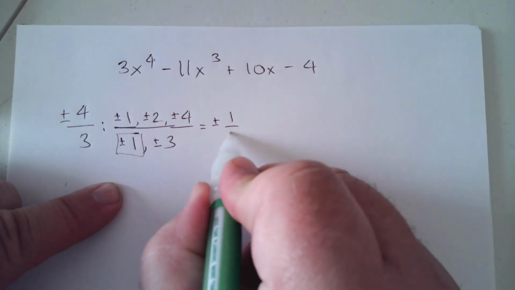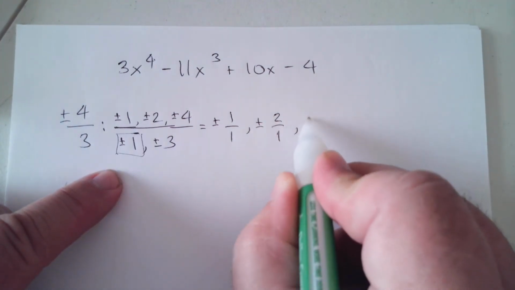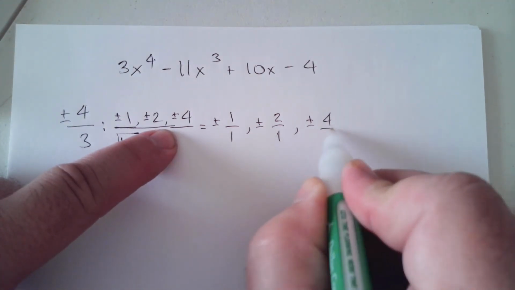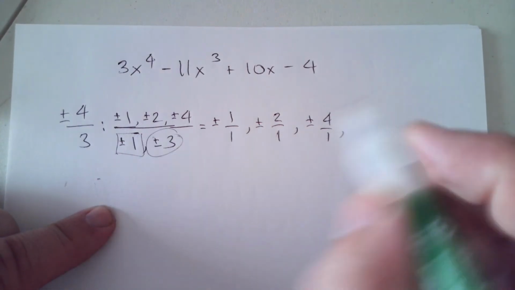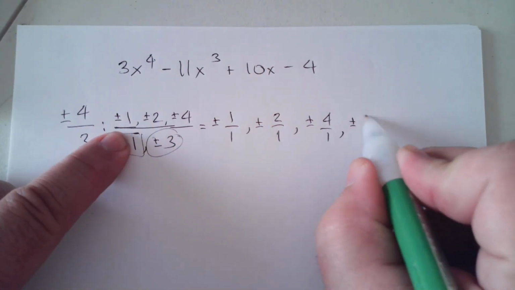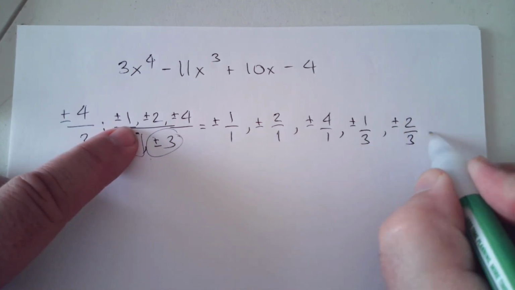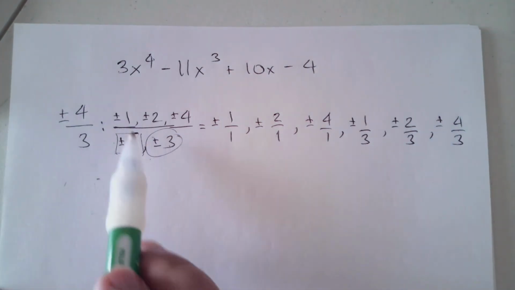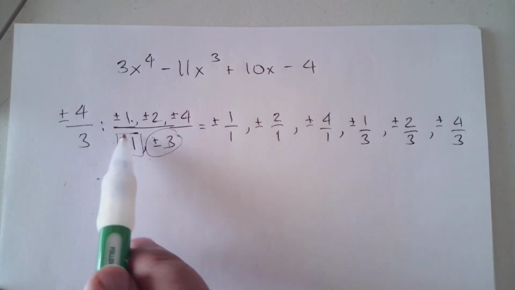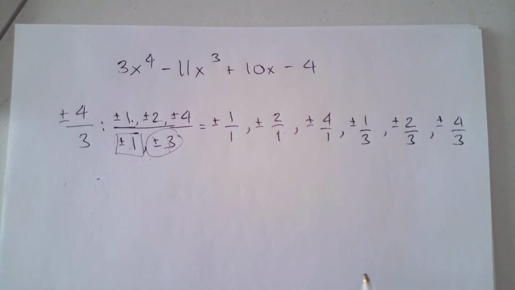So we have 1 over 1, 2 over 1, and 4 over 1. Let's do the second one then. So all three on the top, plus or minus 1 over 3, plus or minus 2 over 3, and plus or minus 4 over 3. 3 on top times 2 denominators, it should be 6. Since they're plus or minus, we have 12 possibilities.